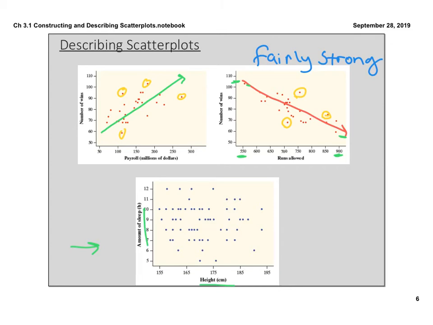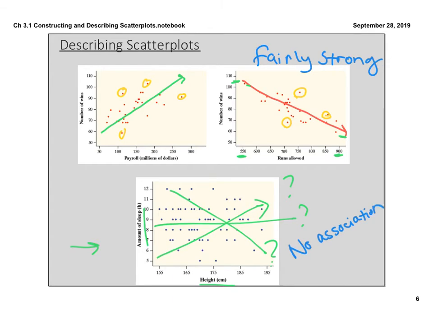You and I both know that there's probably not really a relationship there. There's probably not really anything that dictates what amount of sleep I'm going to get based off of my height. And you can see, I can't even tell. Is this positive? I don't know. Is this negative? I don't know. Is it non-linear? I mean, is it no slope? Zero slope? I don't know. So this is one that I would say is no association.